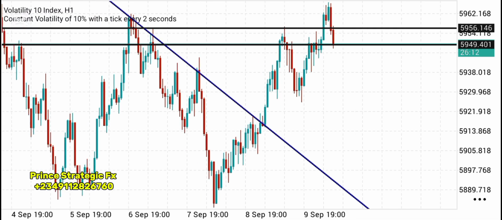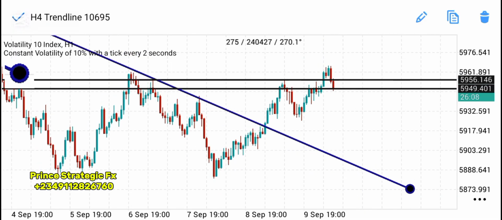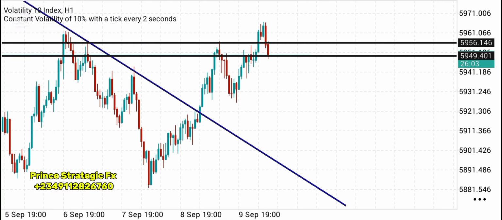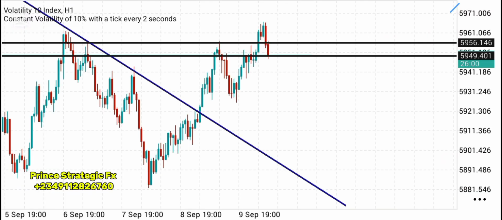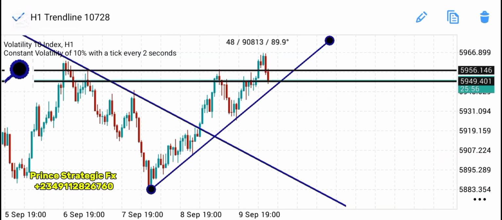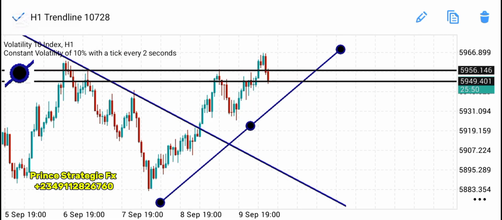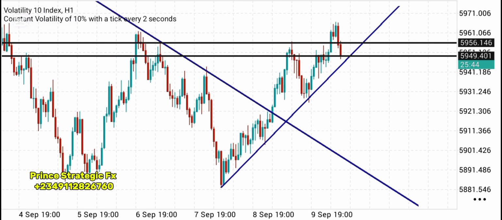Here in H1, we can easily see exactly what we've done on H4, and we can also see that we have an uptrend just like that. Very simple. So we have an option just like this, clean.